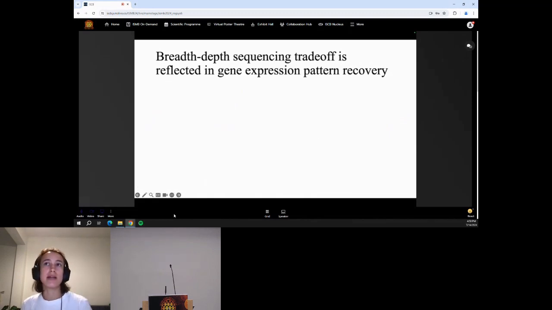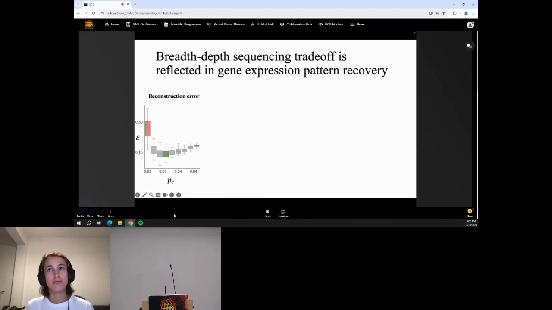Okay, so last in our paper, we examined the breadth-depth trade-off effect on the downstream task of recovering the temporal gene expression pattern of highly expressed and variable genes. To do that, we decomposed this task into two sub-steps: first recovering the correct order of the cells, and then preserving the gene expression signal in the data.